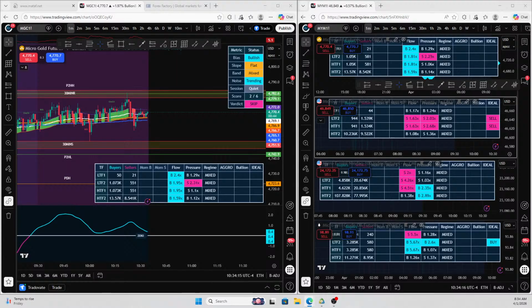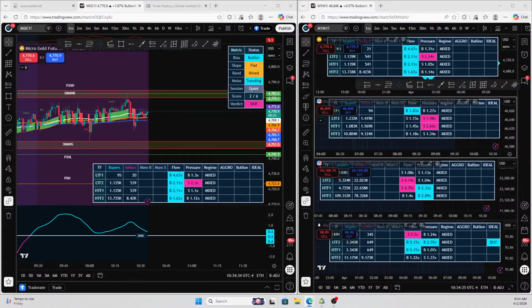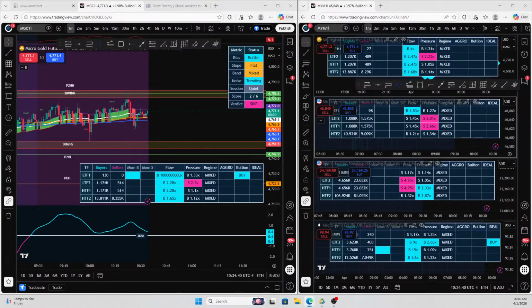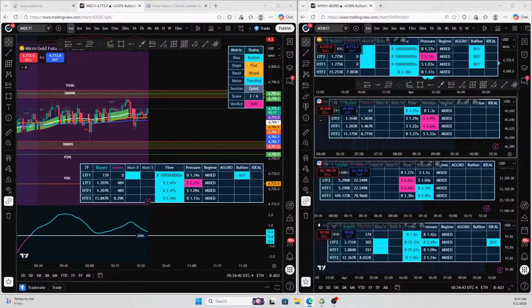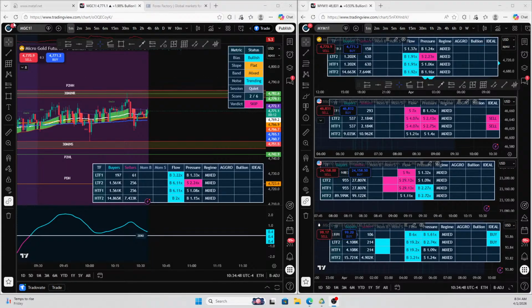We need to wait for very, very clean price action. Let's wait.